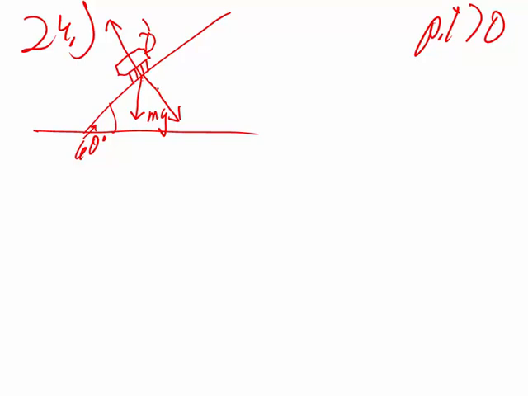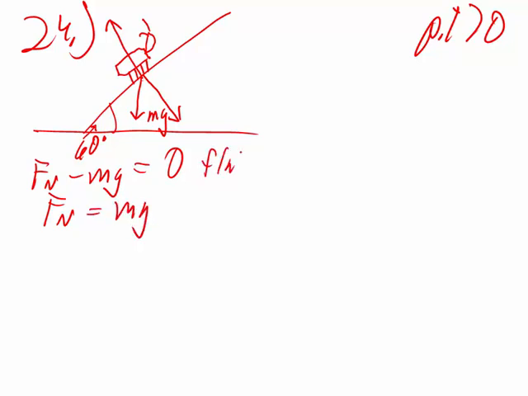The goat's just standing there. So it's not accelerating up and down. It's not accelerating this way. So we know that force normal minus mg is equal to what? 0. Now that's when it's on a flat surface. This is when it's on a flat surface. But what about when it's on a tilted surface? Okay.